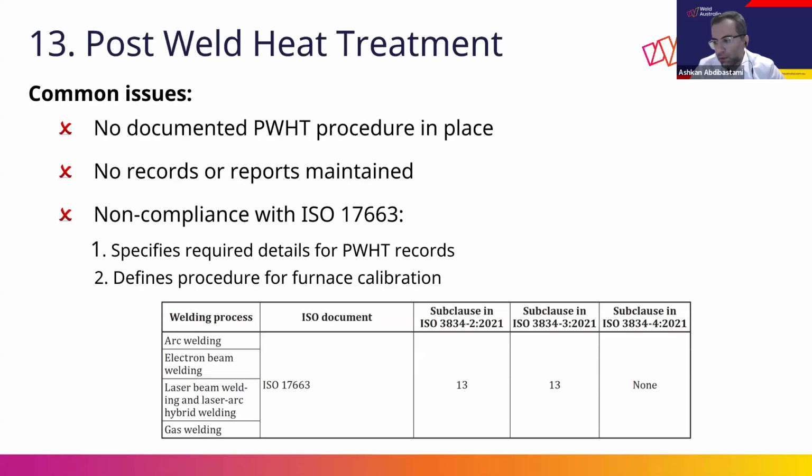ISO 17663 outlines the required details for PWHT records and the procedure for furnace calibration. So in that standard, you can see how you can develop a record and a report for the post-weld heat treatment, and what critical elements you need to include in your record for each component, with the traceability requirement.